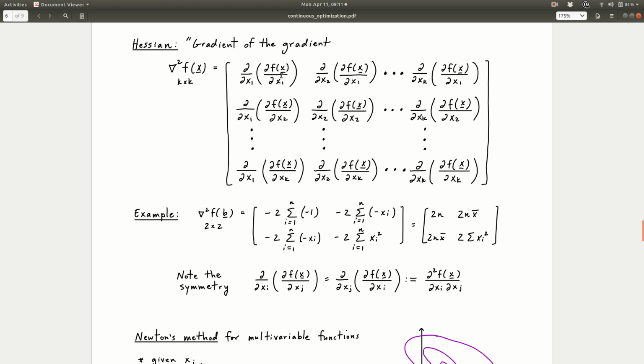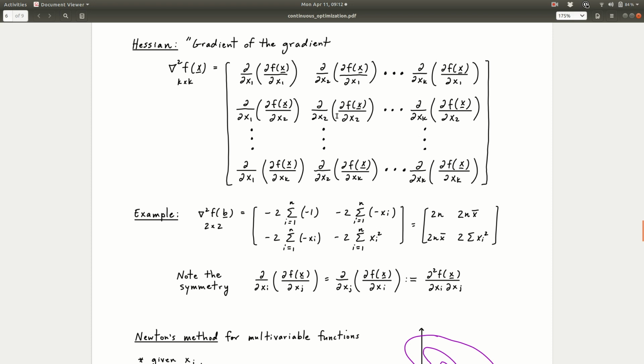So let's just look at the first row. In the first row, we're taking the derivative of partial f partial x1 with respect to each input variable. So along this first row, it's going to be the gradient of partial f partial x1.